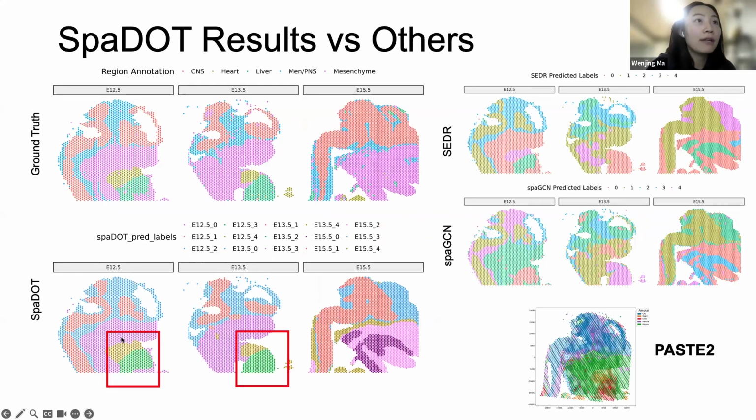For example, here we can see SPOT-dot can identify the boundaries between the heart and liver, and also in the second time point. But the 2 competing methods, which also have high performance, either can only find these boundaries here, or they lose certain information and cannot detect the boundaries in the second time point.